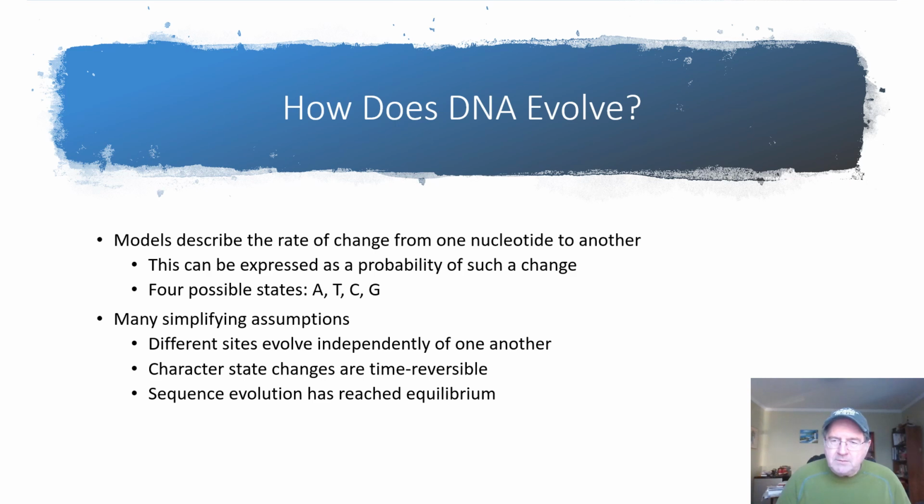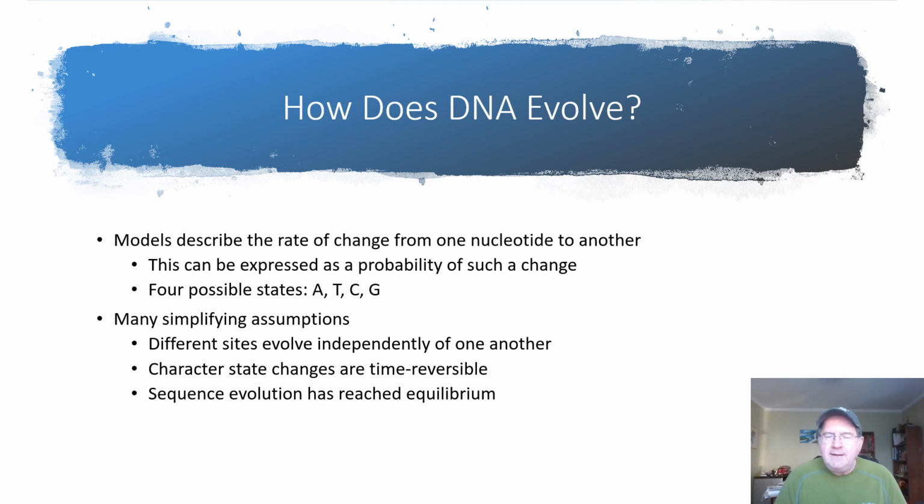And so there are models that express how you go from one nucleotide to the next. What's the probability of those changes? Now there's a lot of simplifying assumptions. There's a lot of models, first of all, and it's going to seem like I'm giving you a ton of them. But basically I'm going to go from the simplest to the most generalized model.